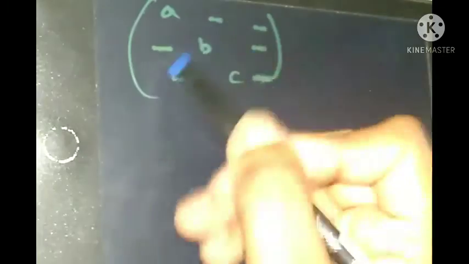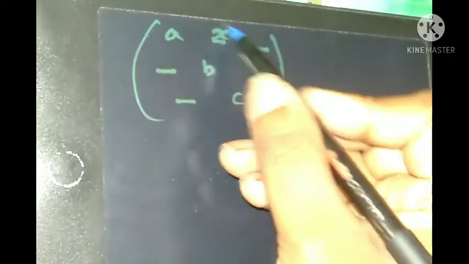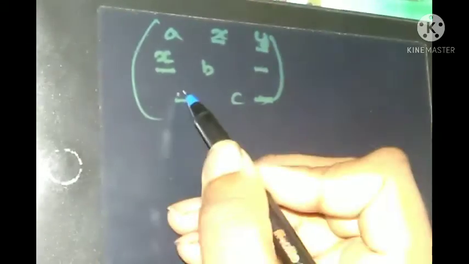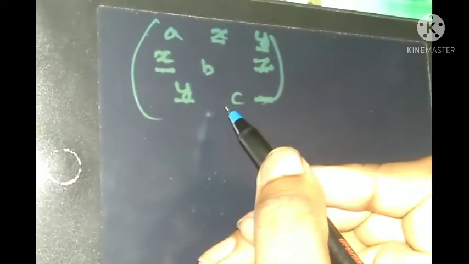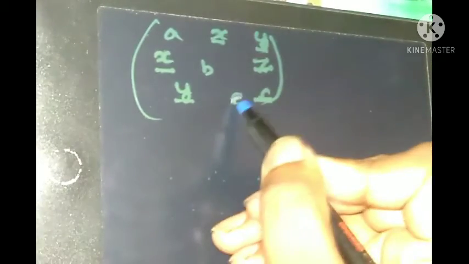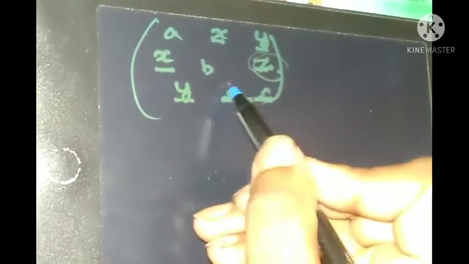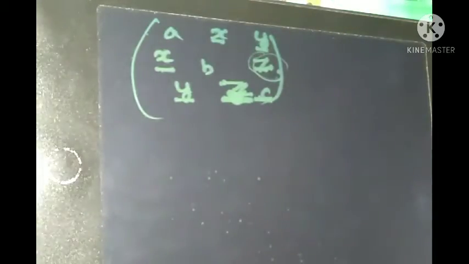Suppose we take x here, y here, and z here, and the off-diagonal elements are copied to the symmetric positions as they are. This is the general form of the symmetric matrix.